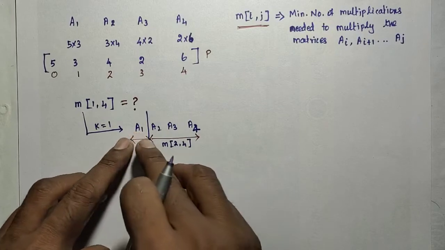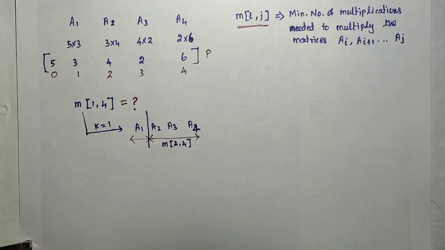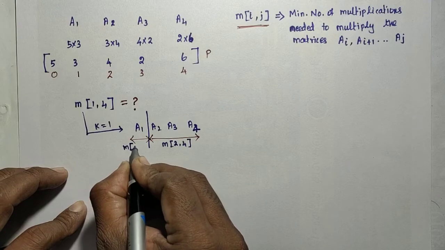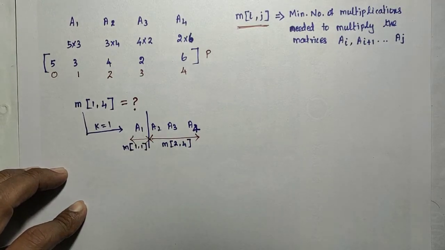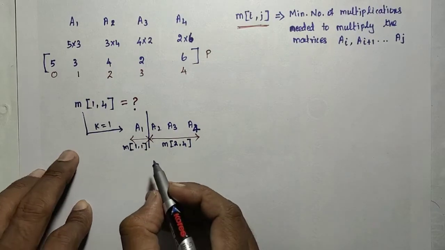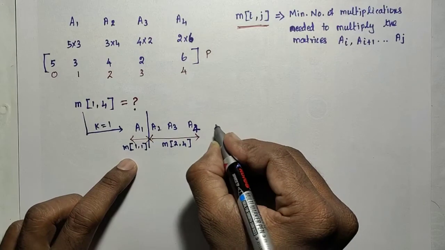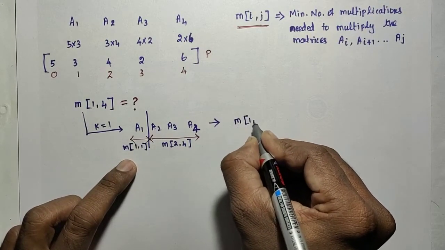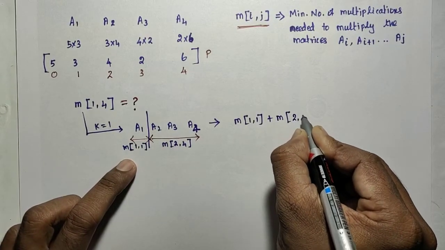Similarly, I want to find the minimum multiplication needed on the left side. The left side is 1 to 1, so simply we can write m of 1 comma 1. So the number of multiplications needed on the left side and the number needed on the right side, so that we will obtain m of 1 comma 1 plus m of 2 comma 4.